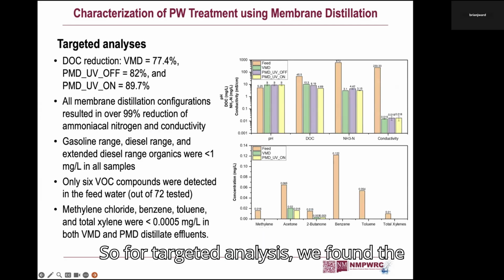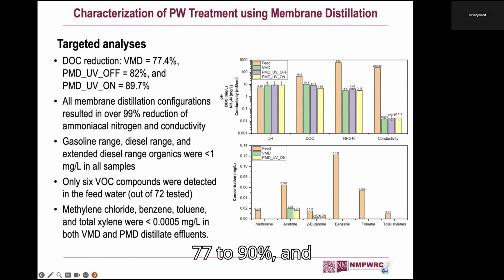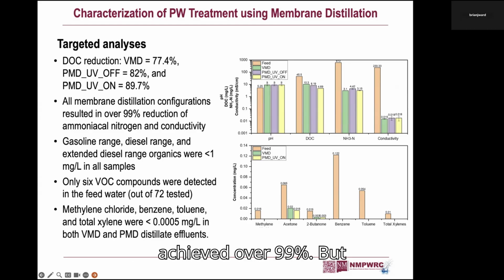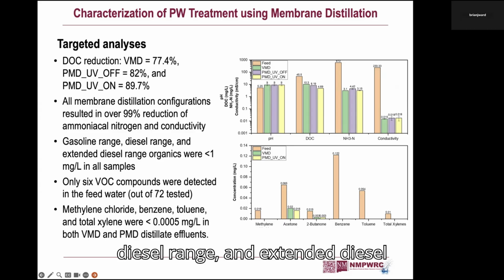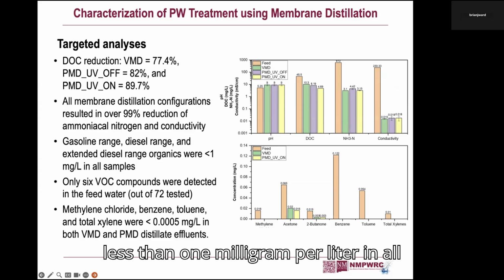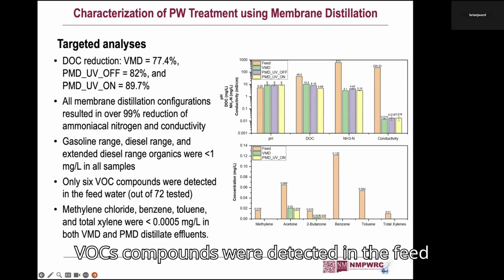So for targeted analysis, we found the membrane distillation can remove dissolved organic carbon between 77 to 90%, and the salt rejection and ammonia rejection achieved over 99%. But we also detected gasoline range, diesel range, and extended diesel range organics with concentrations less than 1 milligram per liter in all the samples, and only 6 VOC compounds were detected in the feed water.